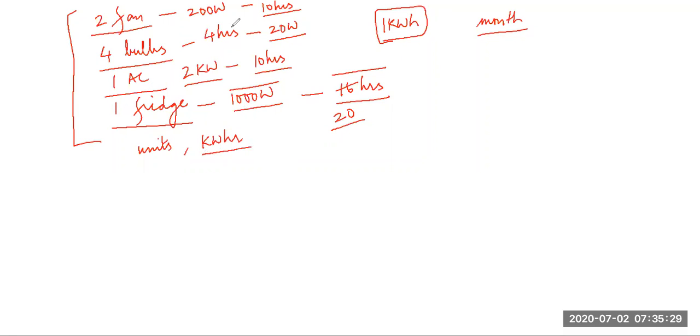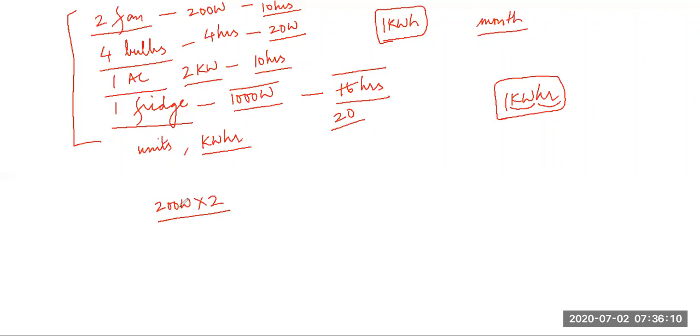All right. So see that guys, let's first calculate the watt of all the electrical devices. So we have 2 fans, 1 fan is 200 watt, into 2. Now this works for 10 hours. So 1 kilowatt hour is the 1 unit consumed when a 1 kilowatt device works for 1 hour.